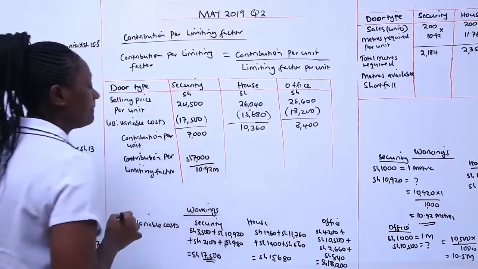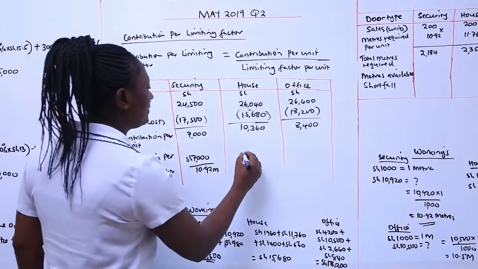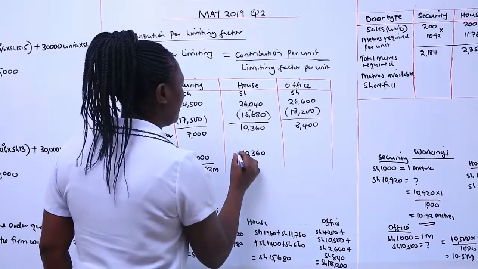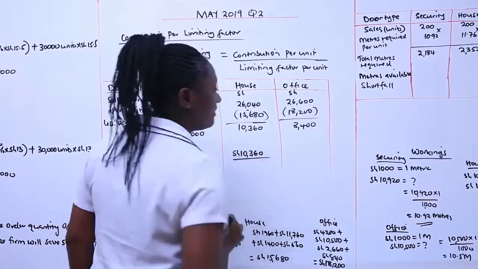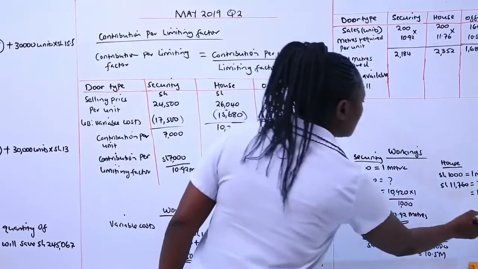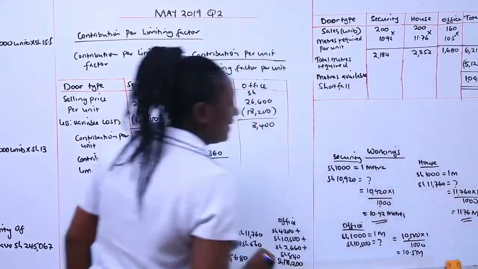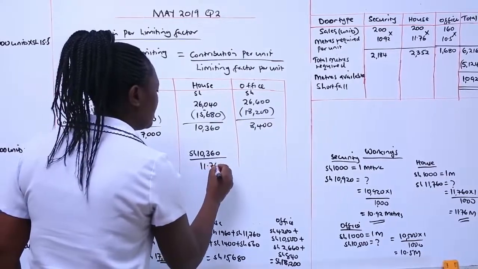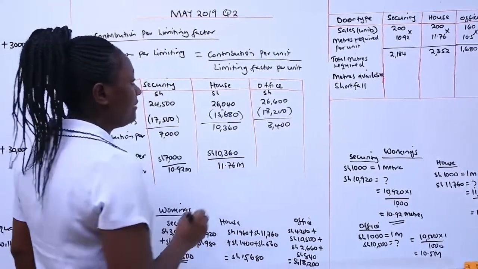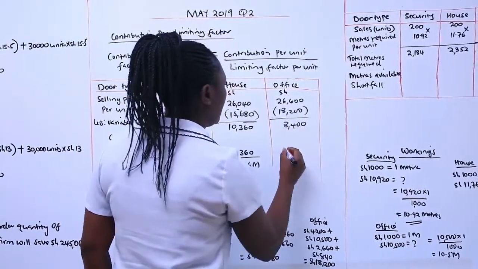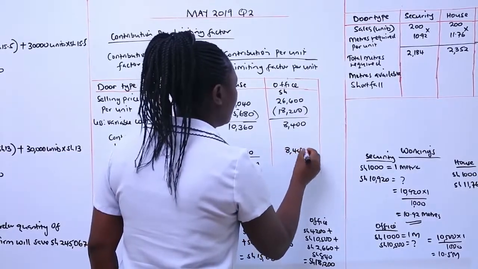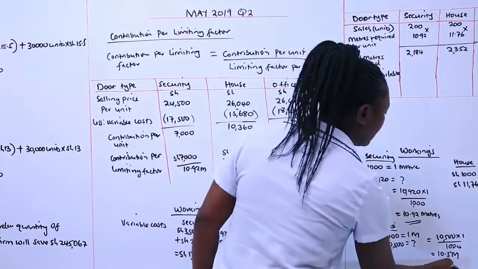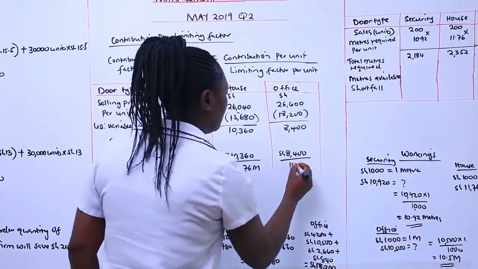These are shillings. Then for house, the contribution per unit is 10,360 shillings. We divide this by the limiting factor for house, which is 11.76 meters. Then for office, we have 8,400 shillings. We divide by the limiting factor, which is 10.5 meters.